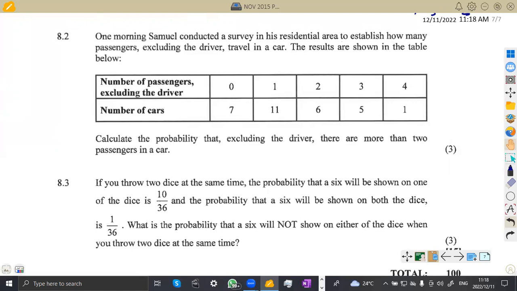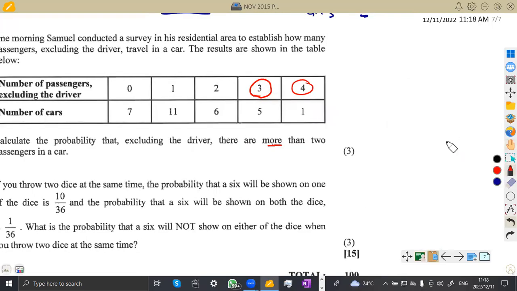Okay, so we just need to use our table here. These are the number of passengers. So more than 2. Take note, it's more than, not equal to, which means we are referring to 3 and 4. These are the ones which are more than 2. So we are going to add these 2. That's 3 plus 4, which is 7. Then you also add the total, the number of cars. So you're supposed to calculate the total.